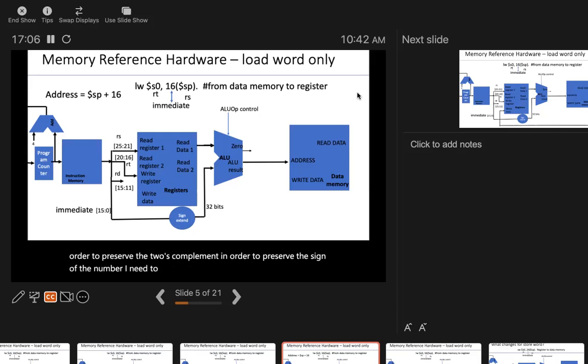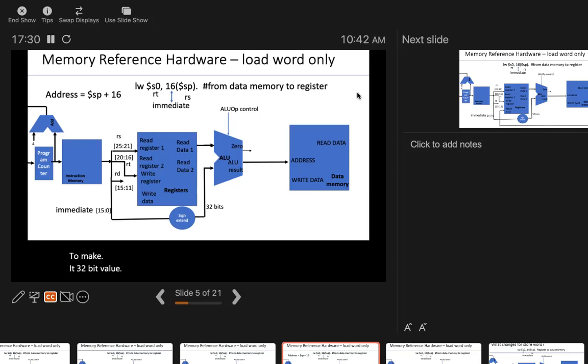Now, here's the definition of sign extension. Please note it down. Sign extension means replicating bit number 15 for 16 times to make it a 32-bit value.